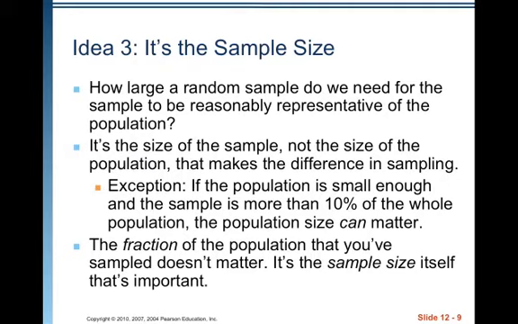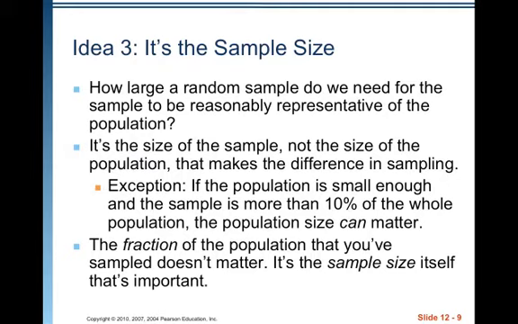Okay, so whether you've got a small pot of soup that you're just making for yourself, or if you've got a huge pot of soup that you're making for a whole banquet, the same size of spoon is going to give you enough soup to test the small pot as well as the large pot, as long as both pots are stirred well. That's the whole key, is making sure that the soup has been stirred well, that had enough randomization, and you can use the same little soup spoon and test from the individual size pot or from the banquet size pot.